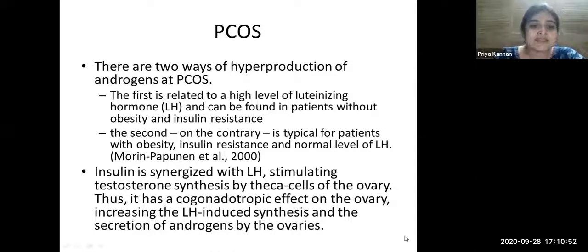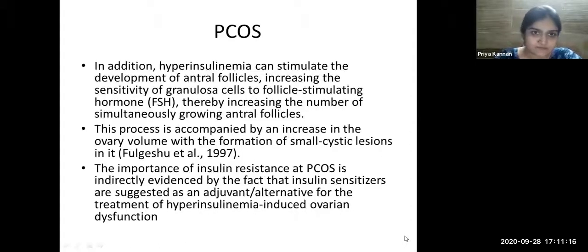Insulin synergizes with LH, stimulating testosterone synthesis by the theca cells of the ovary. This is a co-gonadotrophic effect on the ovary, which increases the LH-induced synthesis and secretion of androgens by the ovary. So this is how we have hyperandrogenism in PCOS.